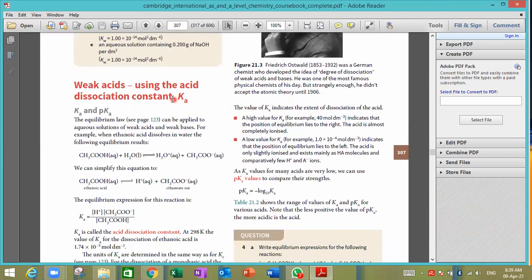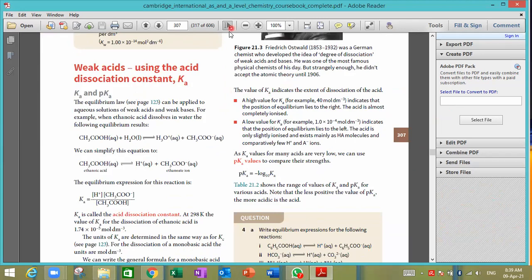Now, what if we have a weak acid? If we have a weak acid, like for example ethanoic acid, we said that weak acids partially ionize in water. They do not completely ionize in water. They partially ionize to give the hydronium ion plus the ethanoate ion, if we start with ethanoic acid plus water.